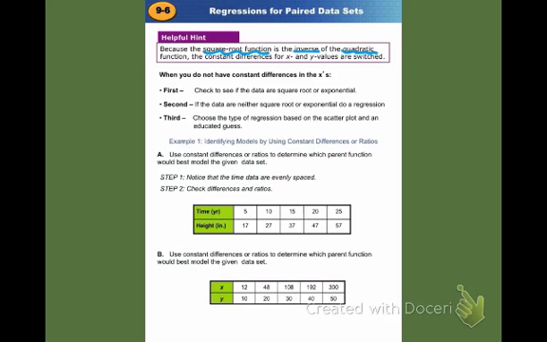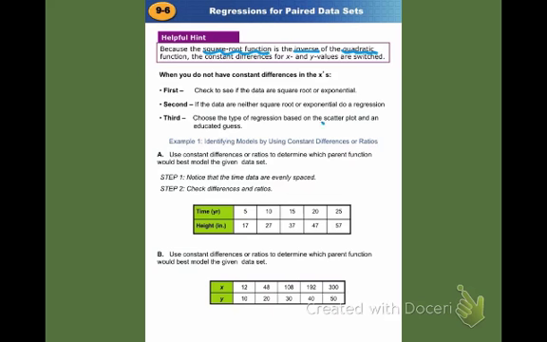So as a rule, when you do not have constant differences in the x's, as we saw in example B on the prior page, first check to see if the data are square root, which in that case it was, or possibly if it could be exponential data. Secondly, if the data is neither square root nor exponential, then do a regression and choose the type of regression based on the scatter plot and an educated guess.